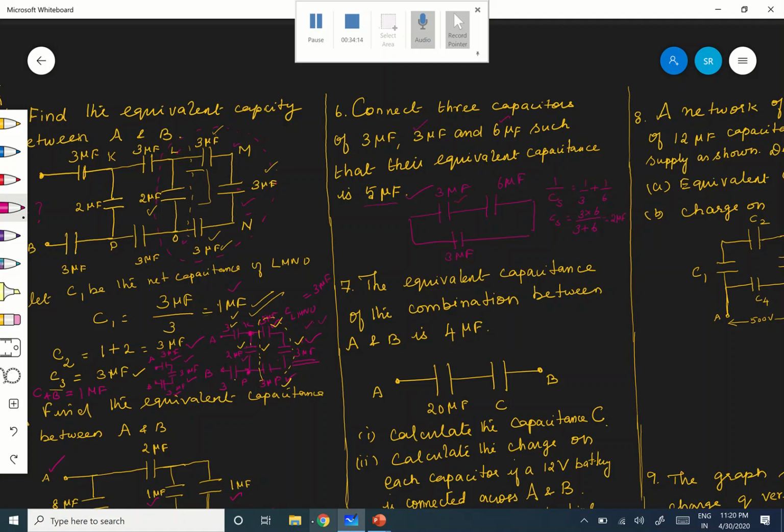So, these two together, series combination, you will get 2 microfarad. And that 2 is parallel to this 3 microfarad. 2 and 3 parallel. Let me give some name to it so it will be easy. AB.